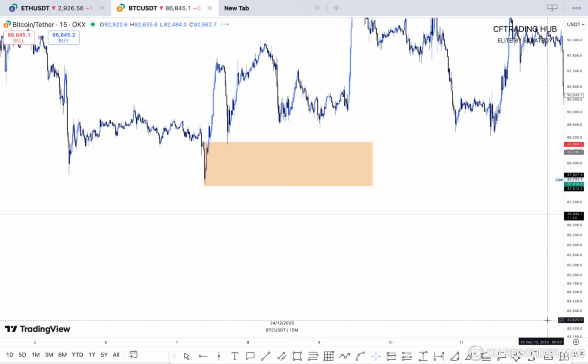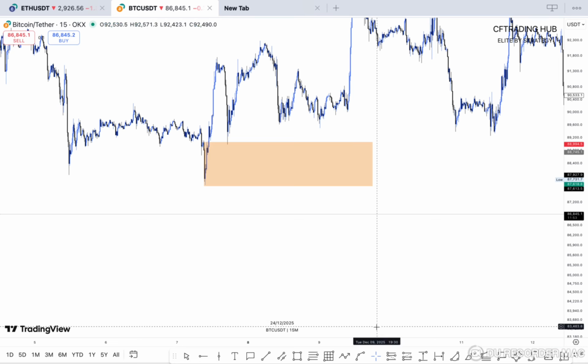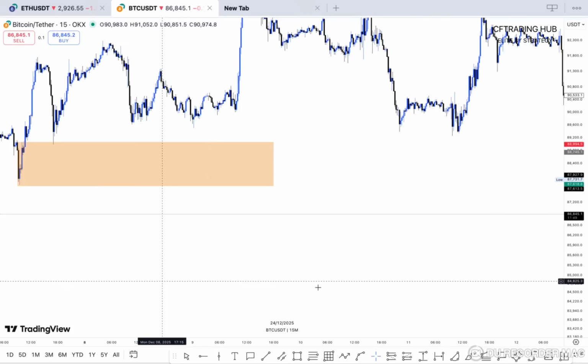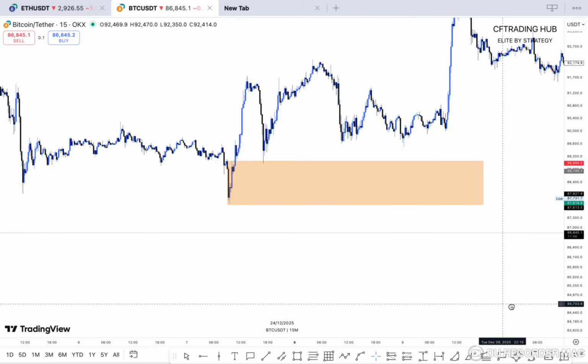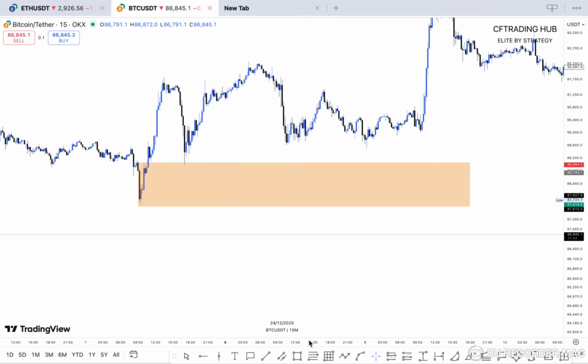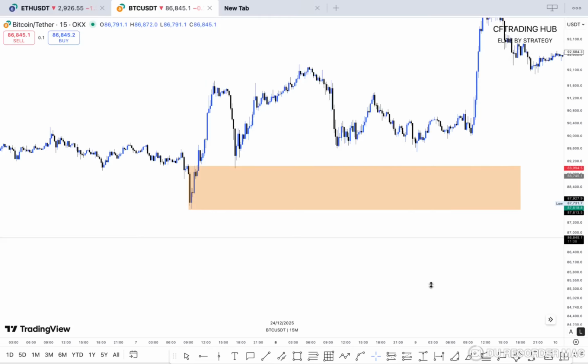Okay, this is what we are looking for. So what do you see over here? This is a valid block over here, a valid bearish block.